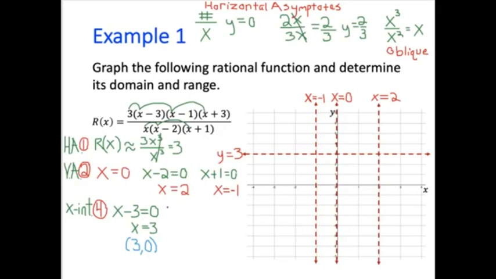The next factor we have is x minus 1, so we set that equal to 0. I'm going to add 1 to both sides, and I'm going to end up with x equals 1. And so my x-intercept will be the point (1, 0).